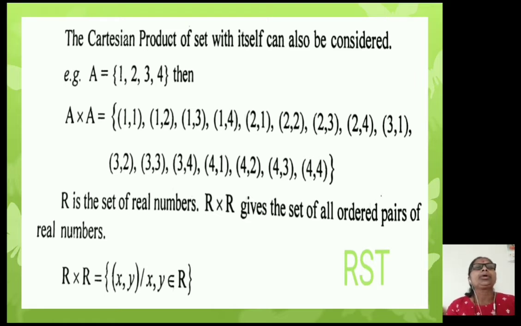The Cartesian product of a set with itself can also be considered. Consider the set A equal to {1, 2, 3, 4}.